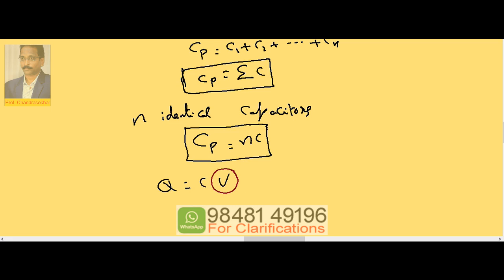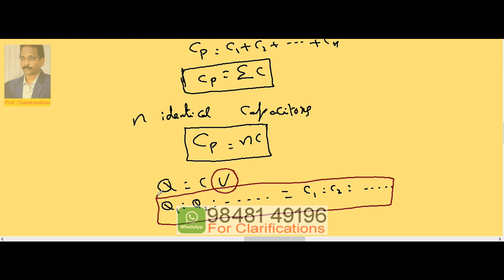Therefore, the ratio of charges on the capacitors is in the ratio of their capacities. So C1 is to C2 is to C3 is to so on. So in parallel combination V remains same and in series combination Q remains same.